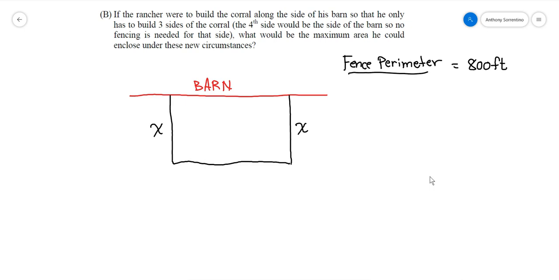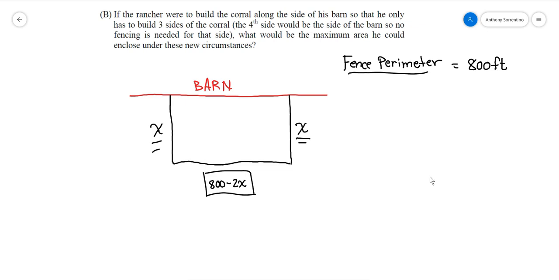So if this, and if this, and what's missing down here should total 800, it stands to reason that this should be 800 minus 2x. I'm trying to find a way of only getting one variable involved so I can create a situation that can be graphed and that any analysis I would do would be able to figure out where the vertex would be and so forth and so on.